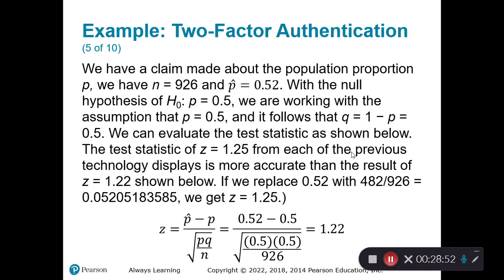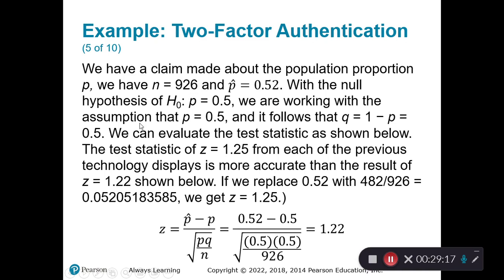So if they had told us, instead of 52%, let me see what 52% of 926 is. So if they had told us 482 people from the sample used two-factor authentication, then we can convert it to a decimal by doing 482 divided by 926.